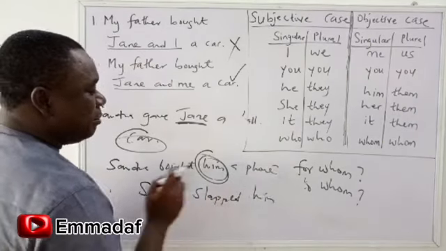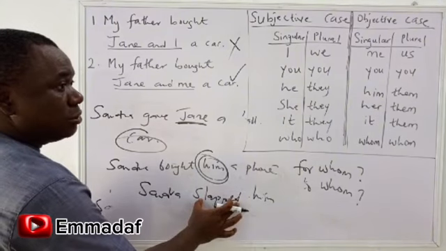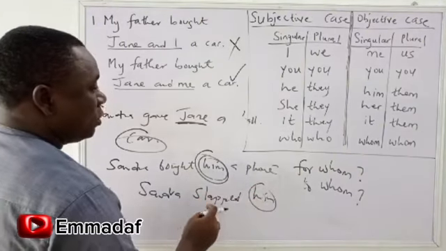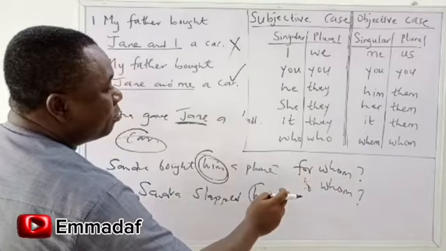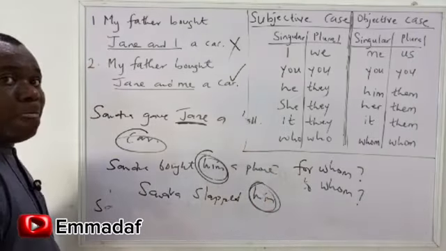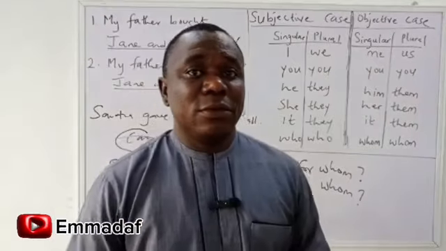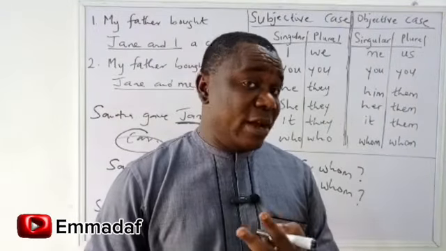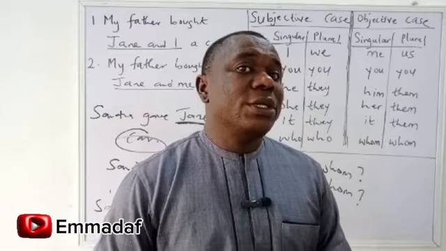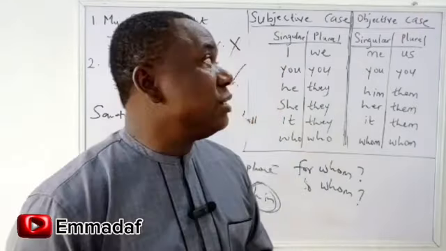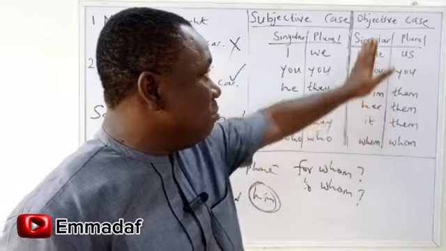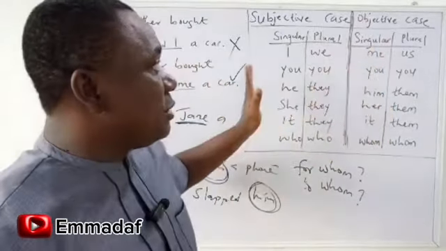Sandra slapped him. This is an action. The receiver of the action is this. Whom did Sandra slap? Him. So once a pronoun functions as the indirect object of the verb or the direct object of the verb, it is in the objective case.